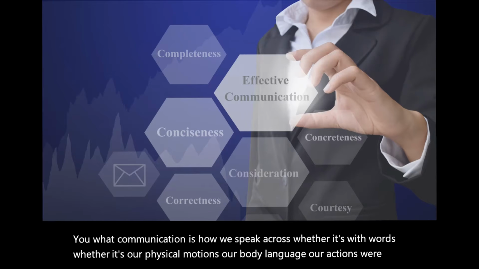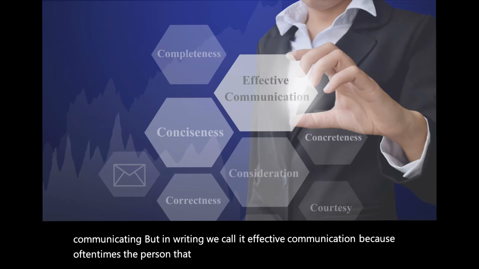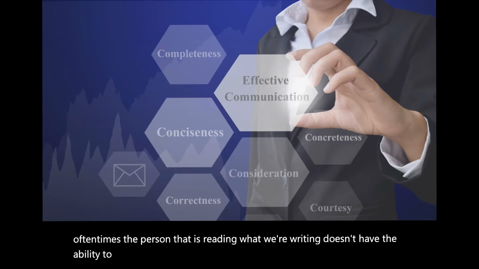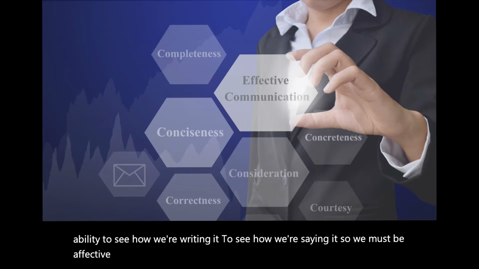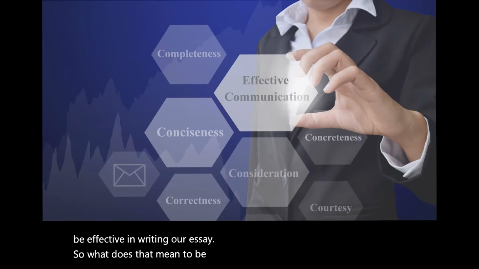But in writing, we call it effective communication because oftentimes the person that is reading what we're writing doesn't have the ability to see how we're writing it, to see how we're saying it. So we must be effective in writing our essay. So what does that mean to be effective? I'm glad you asked.